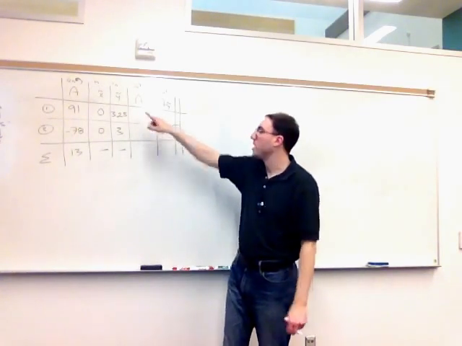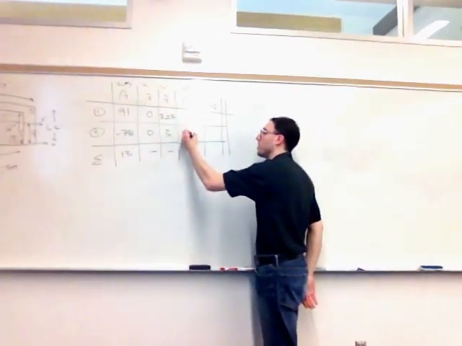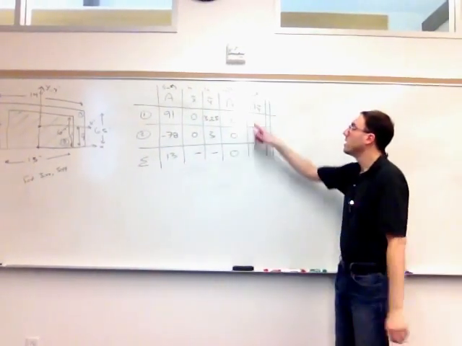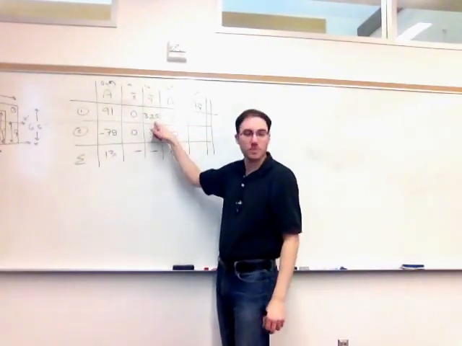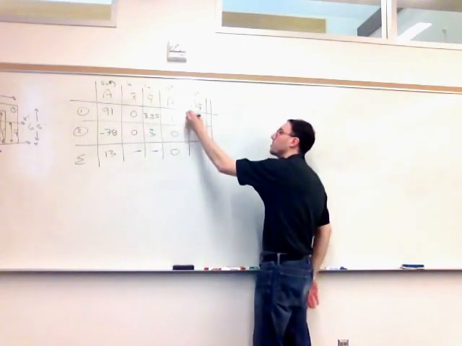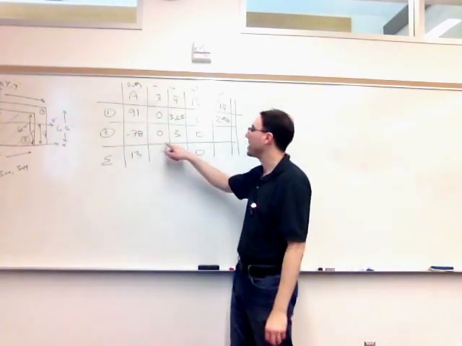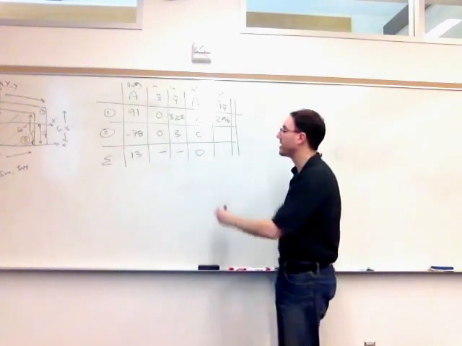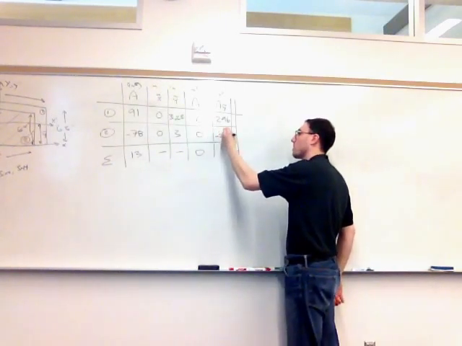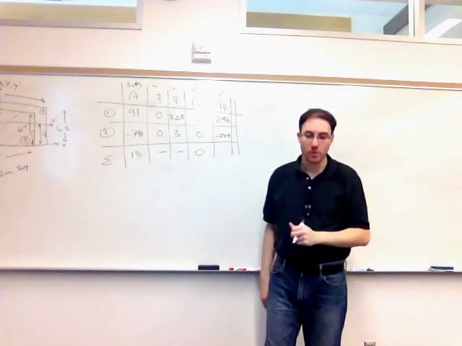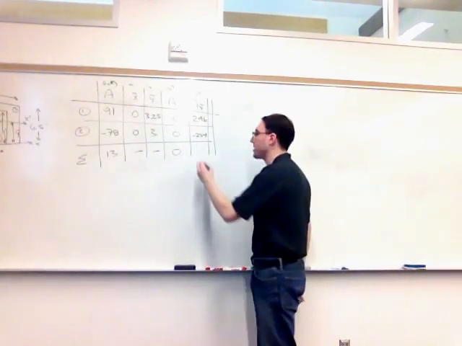Now I just have to multiply. Ax tildes are 0 in both cases. Ay tilde will be 91 times 3.25, which is 296. Negative 78 times positive 3 is a negative 234. And adding the total Ay tildes, I get 62.